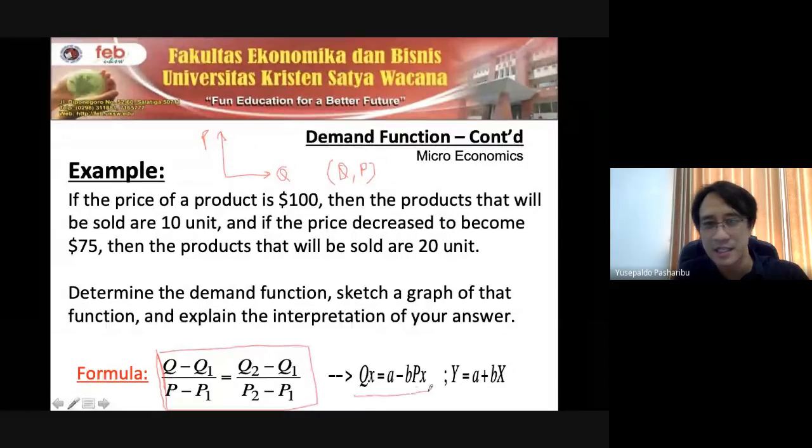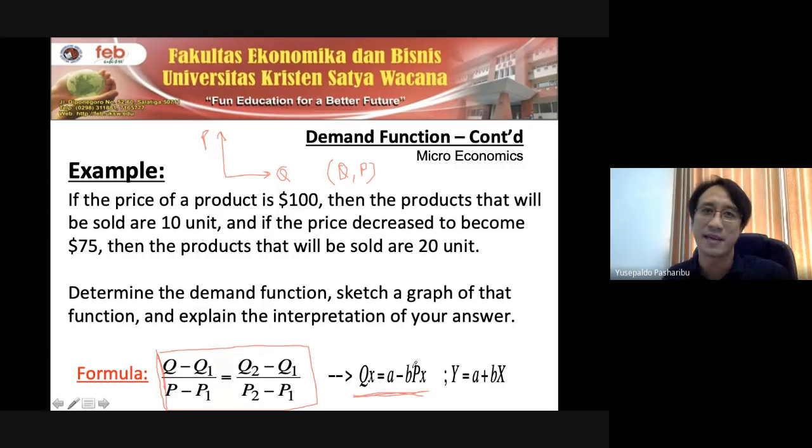This is the form Qx equals A minus B Px, the common form of a linear equation for a demand function.